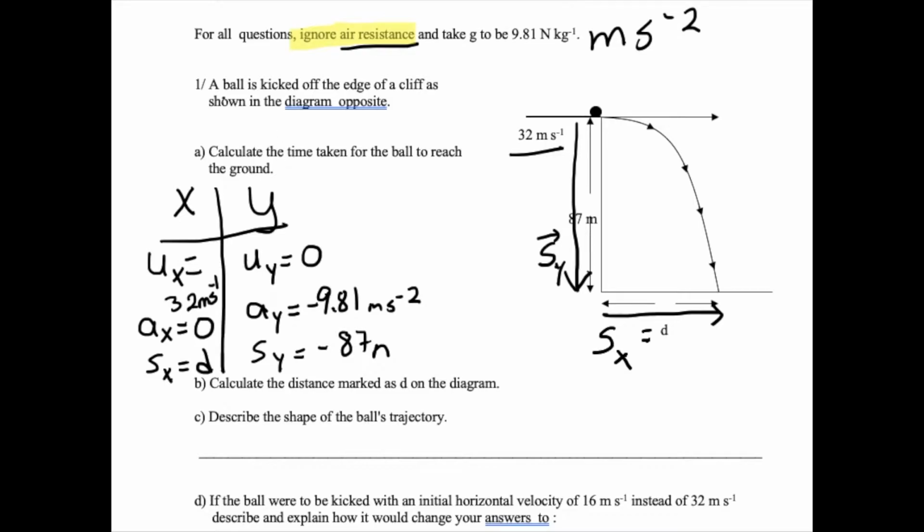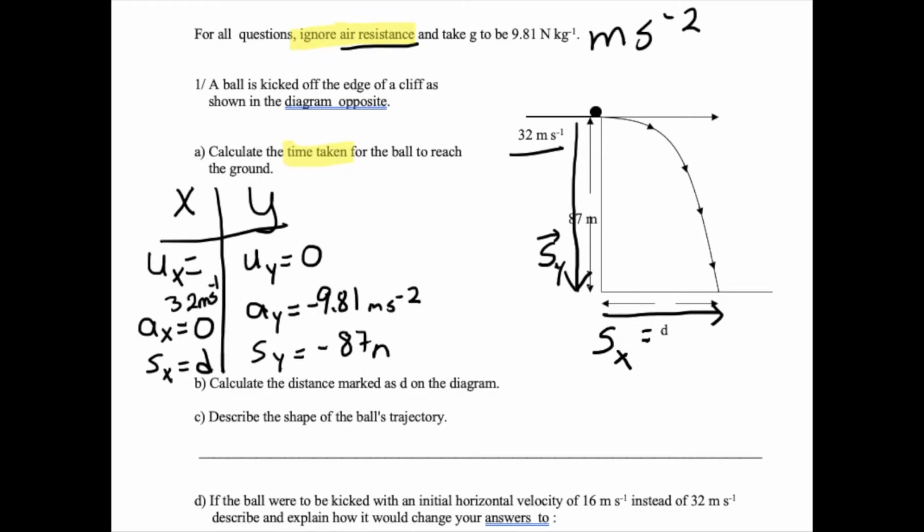To calculate the time taken, how do we calculate the time taken? Do we use the x component information or the y component information? That's the first decision you have to make. And look at the picture. The story goes, the ball has no change in velocity along the horizontal. And it can just keep going because there's no force acting on it along the horizontal.